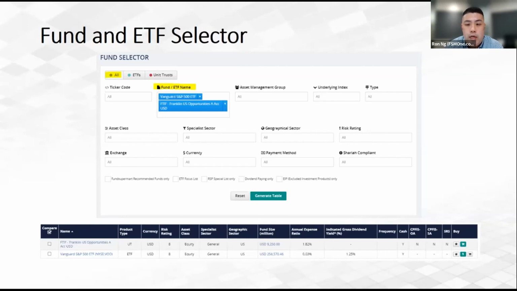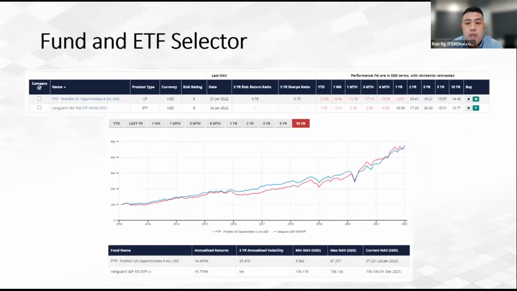And also, the ETF paid a 1.25% dividend yield over the last 12 months. You can also compare the past performance over a 10-year period. And for the visually inclined investors, there's also a nice graph for you to refer to.